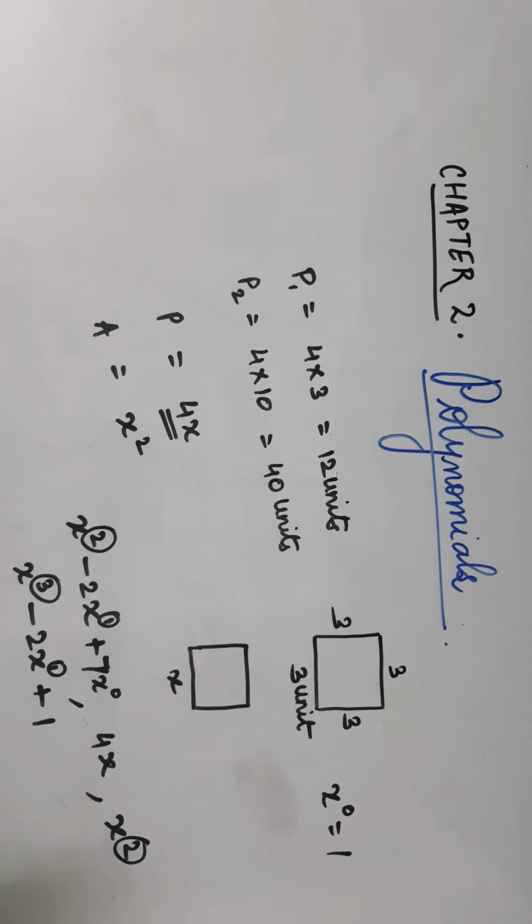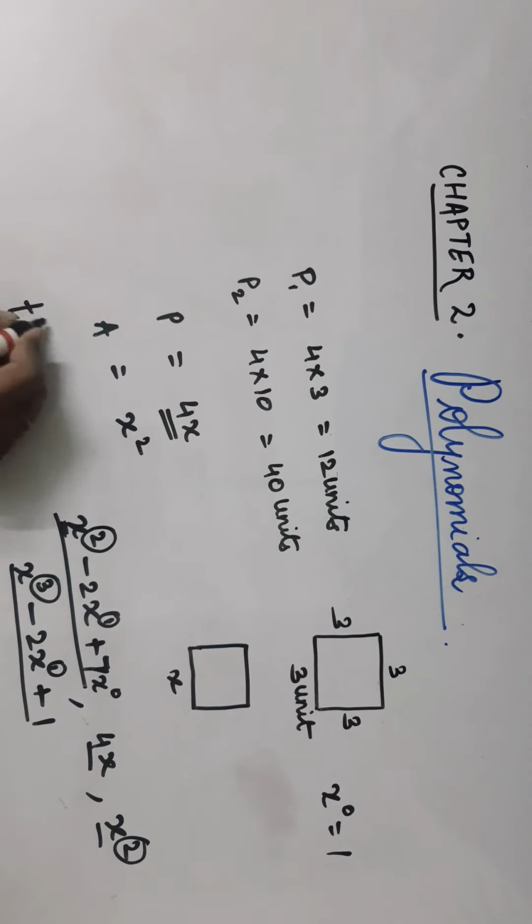Okay, so we can call them as polynomial in variable x. Okay, so this is a polynomial in x, this is a polynomial in x, this is a polynomial in x, this is also a polynomial in x. Now this t square minus 1, the power is whole number, that is 2. So it is also a polynomial in t.